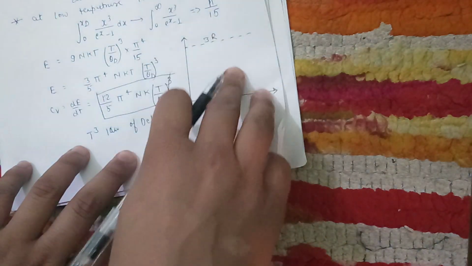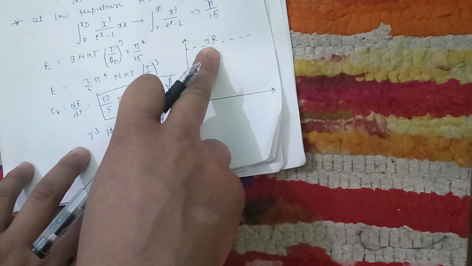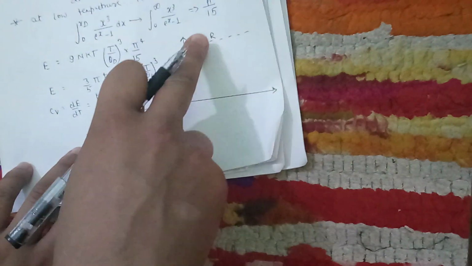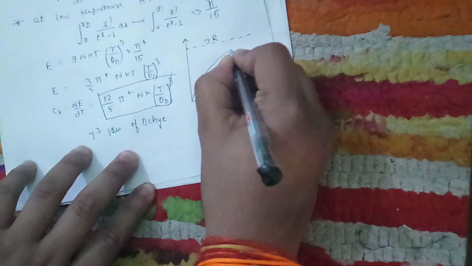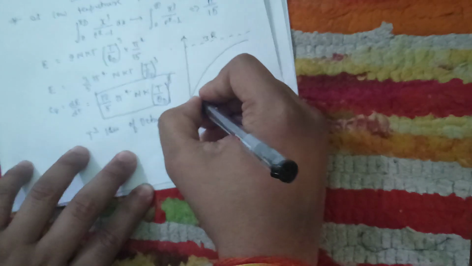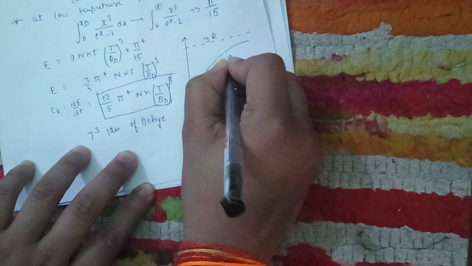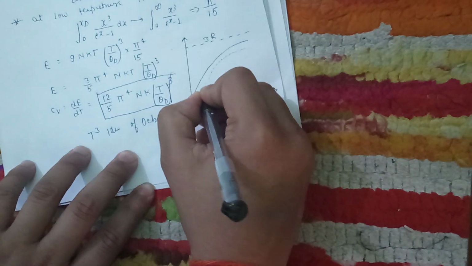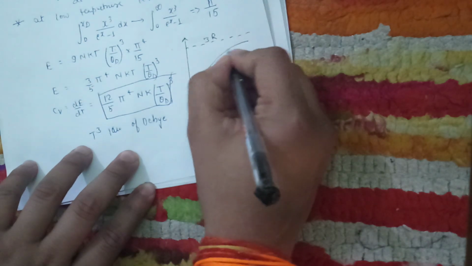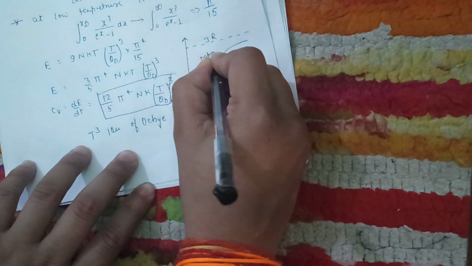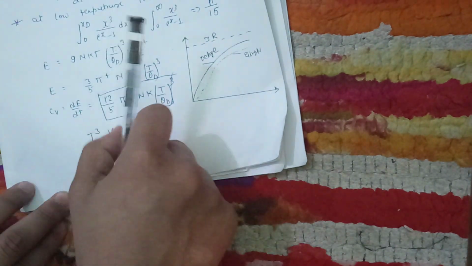All the laws such as the Dulong-Petit law work at high temperature, and Einstein also gave this. This is the Einstein curve, and this is the Debye curve. Now it is proved. Thank you, friends.